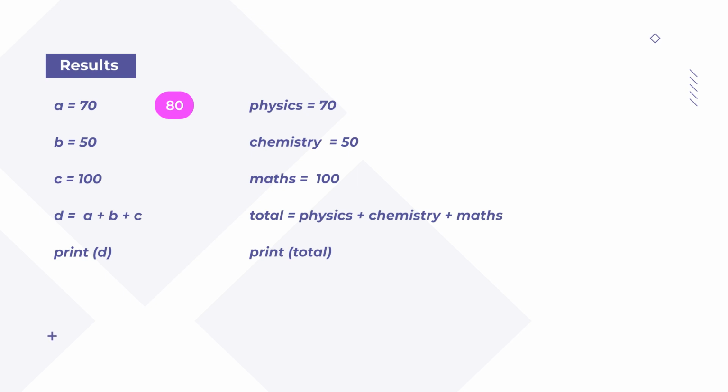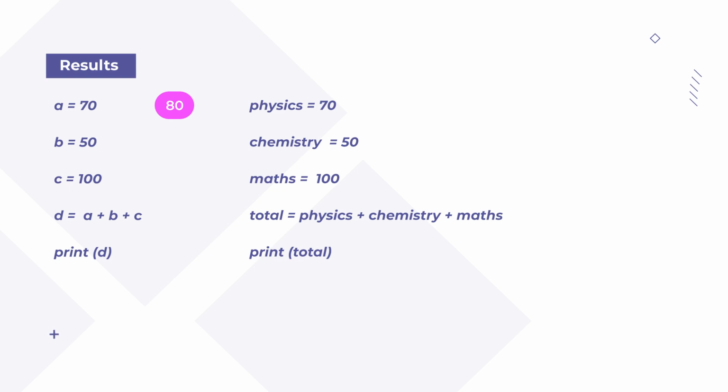The next instruction, it will again reserve some space, give it a name chemistry, and assign 50 there. The next instruction is again make a variable, reserve some space, give it a name maths, and assign 100 there.